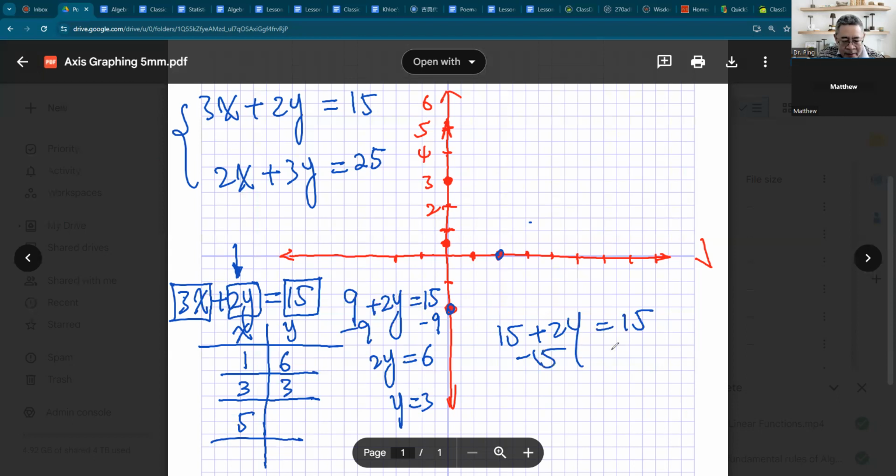Then minus 15, we get 2y equals 0, and then y has to be 0, right? Good on this one? Okay, so now we can graph this.